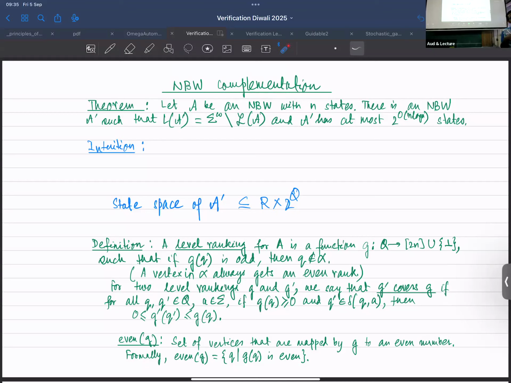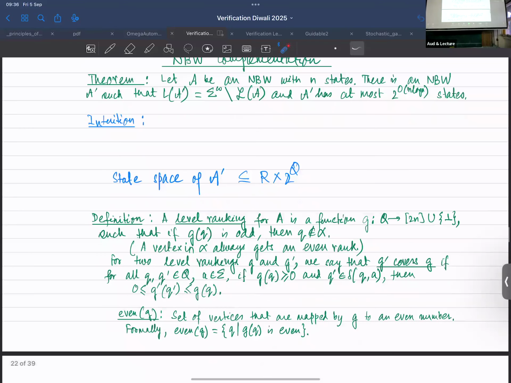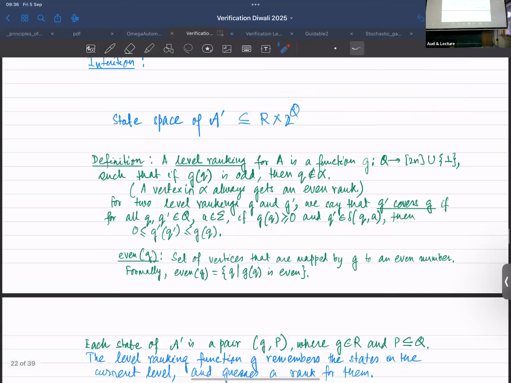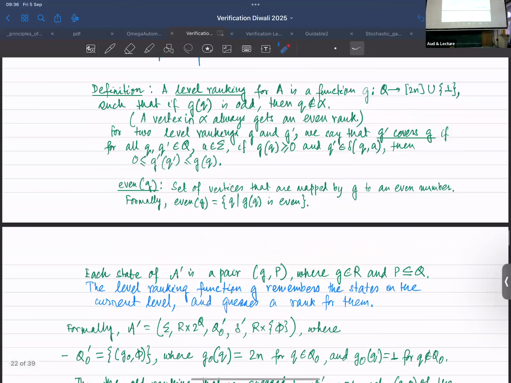Eventually it gets trapped in an odd rank, so you get to visit that odd rank infinitely often. And in this component, we were keeping the states which would have an even rank, and this component you would like to disappear in the complement automaton. So this should become empty. This is the empty set.